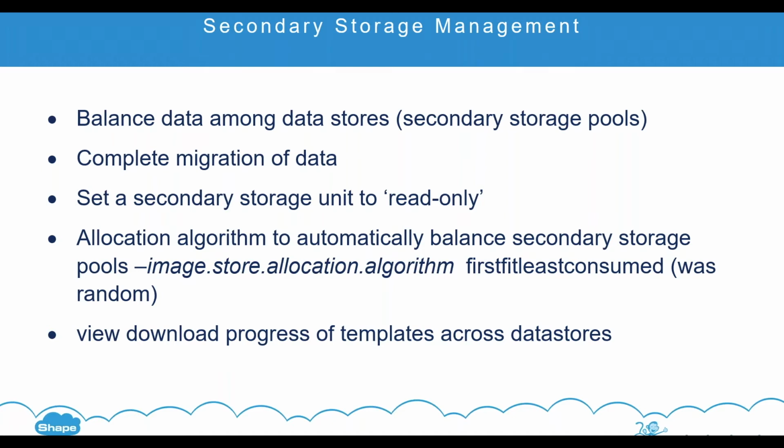The ability to migrate data between data stores. So the idea of, okay, you want to decommission a data store because that physical device is being removed or something. You want to easily be able to migrate the data away from it. Being able to set a store to read only for lots of different reasons. We've also got a new allocation algorithm. I'm going to talk about that in more detail. So that's about the ongoing balancing of artifacts across these data stores.